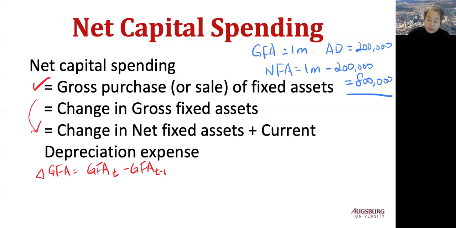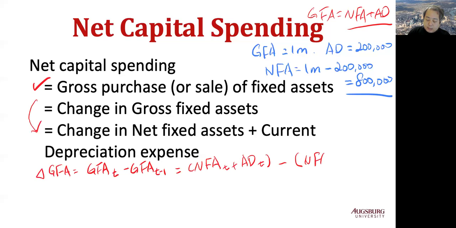That's the change, right? This is the same as, because gross fixed asset equals net fixed asset plus accumulated depreciation, net fixed asset current year plus accumulated depreciation current year, minus net fixed asset last year, minus accumulated depreciation last year.